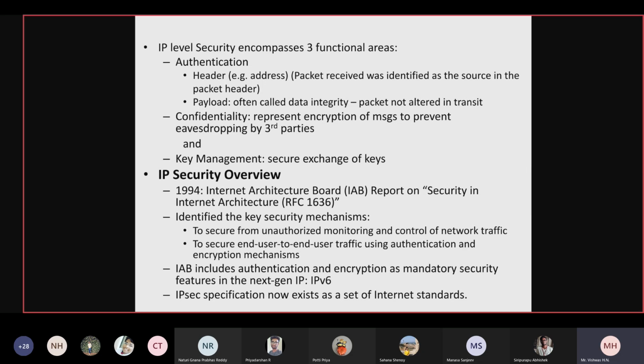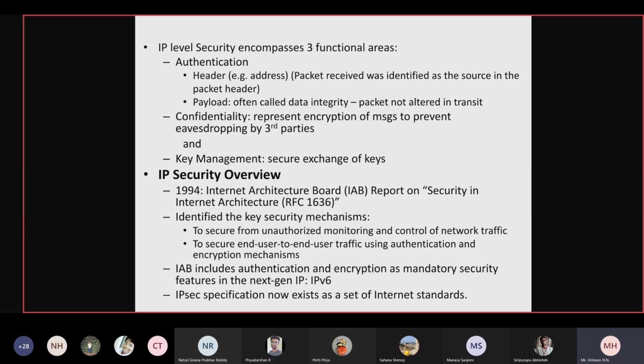So IAB includes authentication and encryption as mandatory security features in the next generation IP. Is that clear? So IPsec is there for both IPv4 and IPv6, but how IPsec works for IPv6 and IPv4 is a little different, because there is a big change between IPv6 and IPv4. The same thing is carried over in IPsec also.